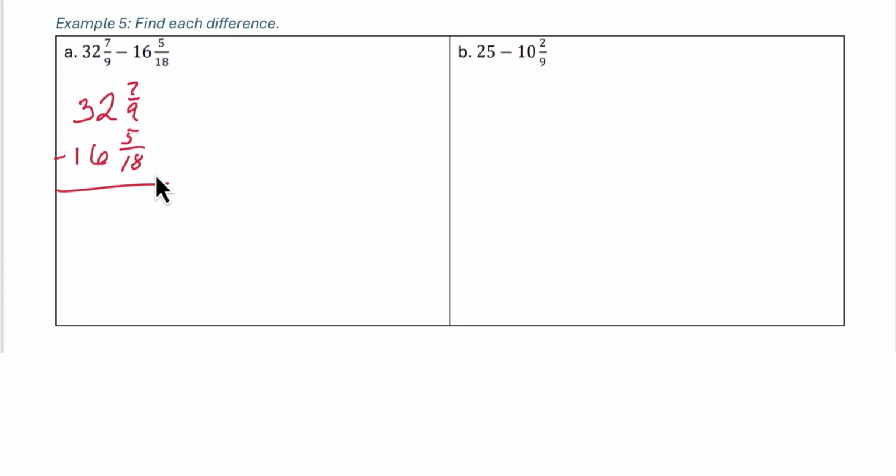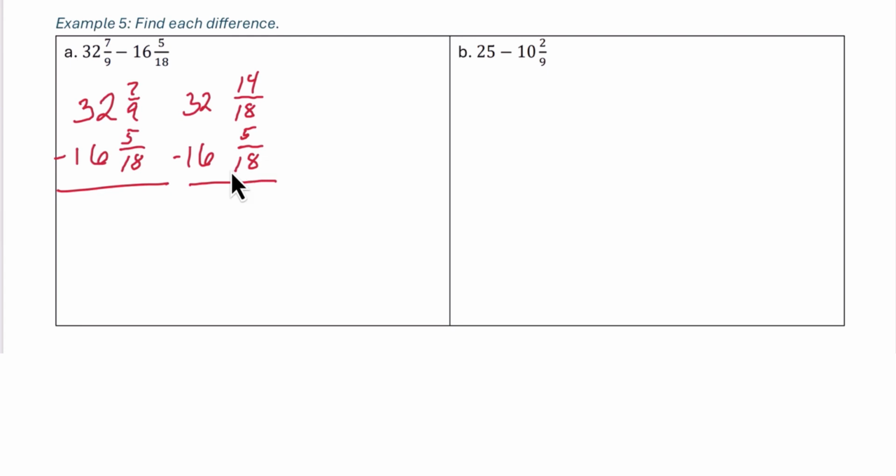The LCD in this case is 18. 9 will go into 18 2 times. 2 times 7 is 14. 18 will go into itself once. 1 times 5 is 5.